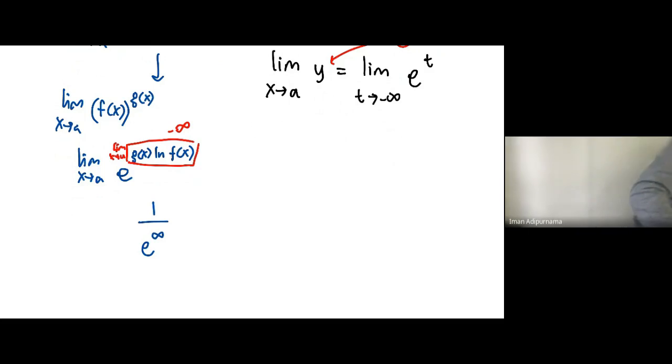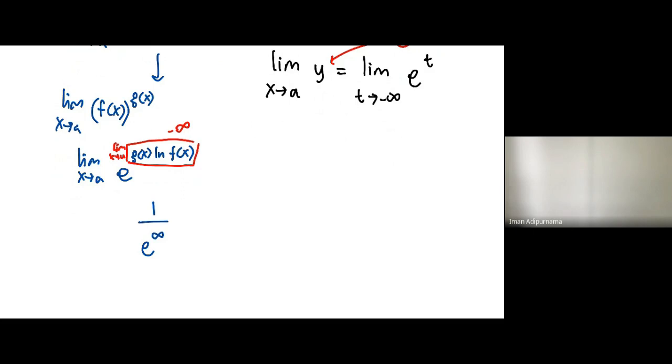For negative infinity, this is just using logic first. We see this negative here. We can say 1 over e to the power infinity, or 1 over infinity in the limit is 0. So it's already proven that when we have the limit as x approaching a of f(x), if f(x) is 0 and g is infinite, from the previous one the limit will have a negative infinity.